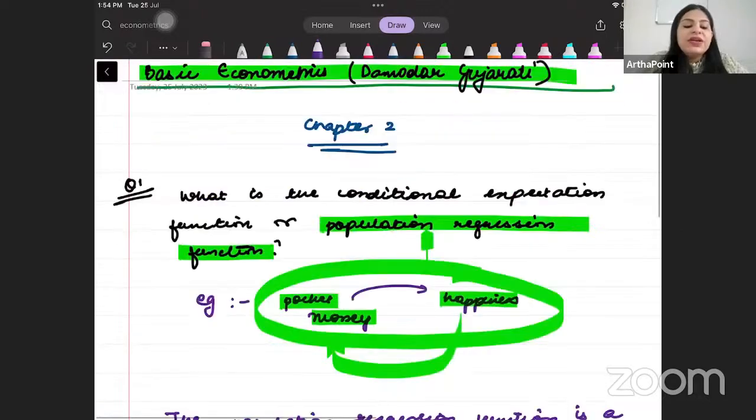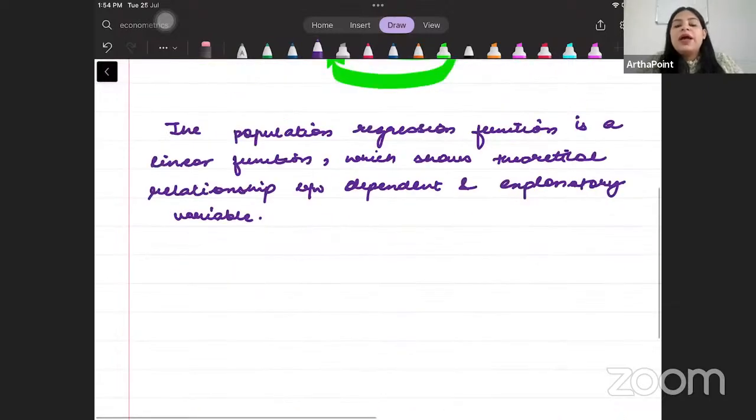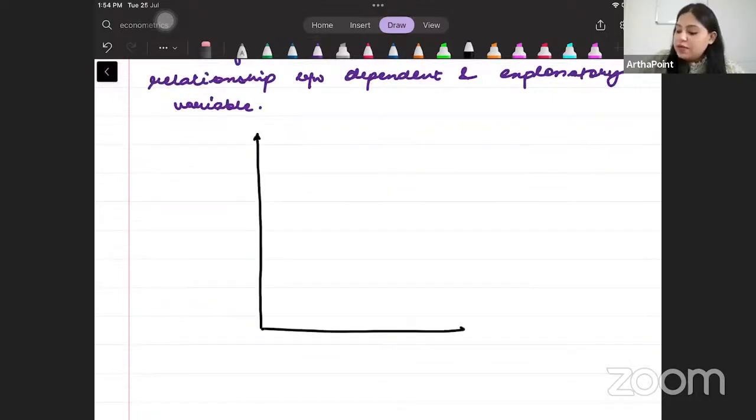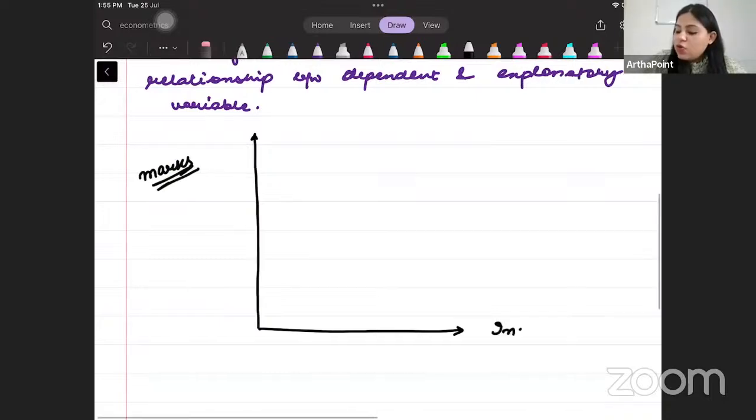But whenever you write an answer to such questions, you should also give the equation. So please understand this thing. If you go to the book chapter 2, then what will the book say? Suppose I take the relationship between marks and income. I tell that marks depend on income.